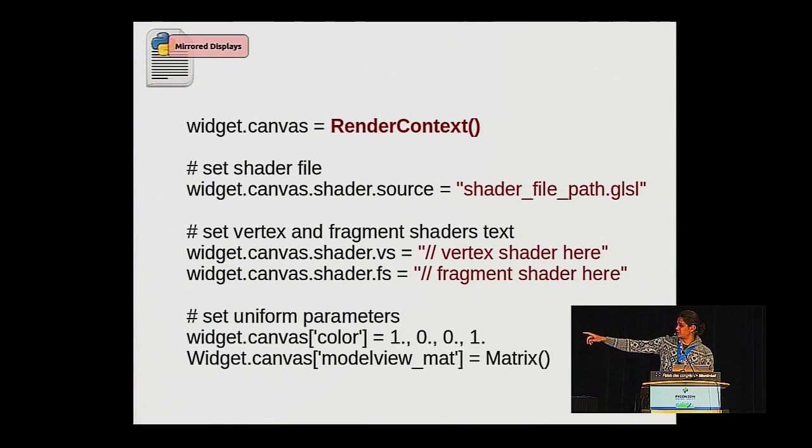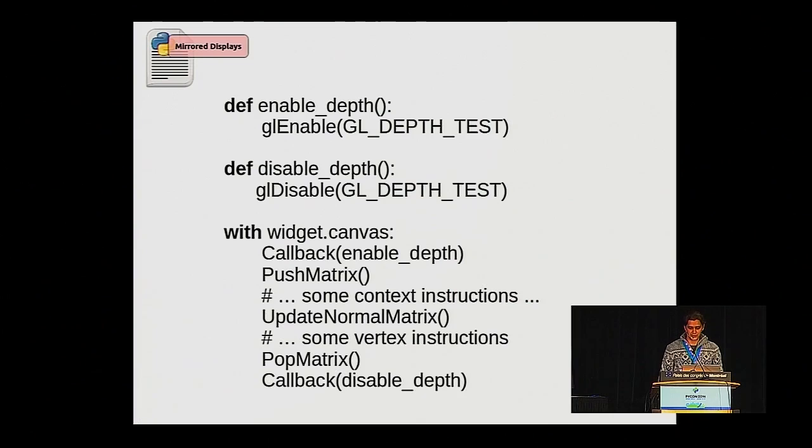As in the third section, I show how you may easily set the uniform variables, just to set the color, which is red here, and some other variables like the model view matrix.